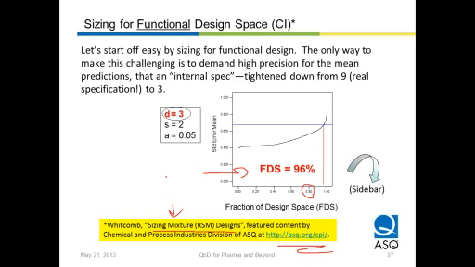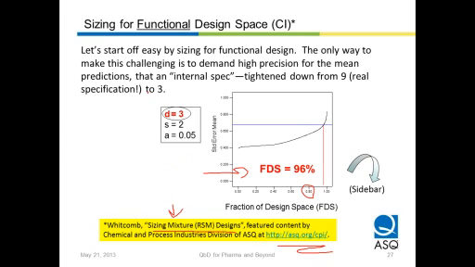To accomplish that, you have to have a proper number of runs or combinations of factors. When you're sizing using FDS, you use similar guidelines as you would with power calculation. Typically with power, you say we want at least 80% power. You normally don't want to try to get to 100% because that would be an infinite number of runs.